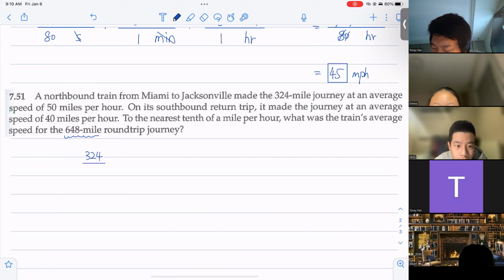Yeah, exactly. If you want to include the unit, you will see that miles and miles cancel out. You just end up with hours. It's kind of obvious, right? Distance divided by speed is time. That's the first part. We will calculate this later. What about the time the train spent in the second part of the trip?